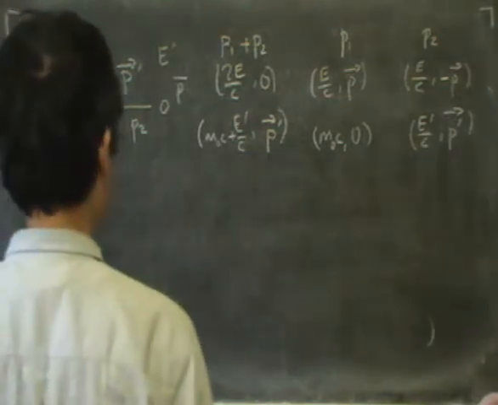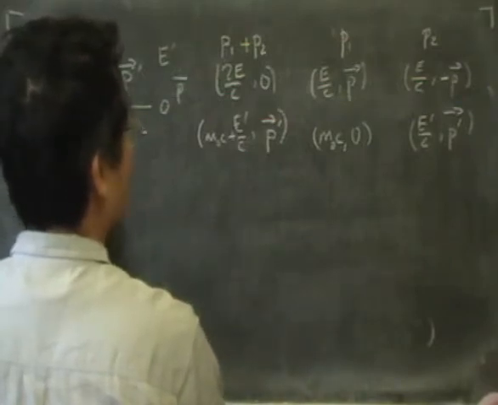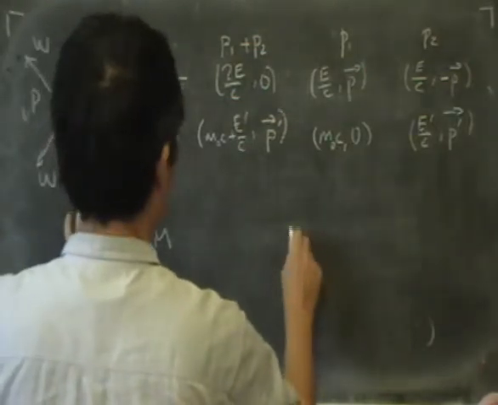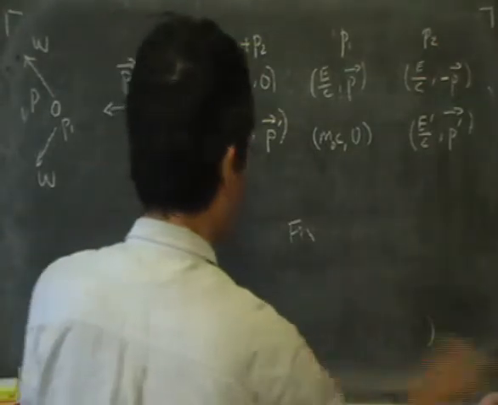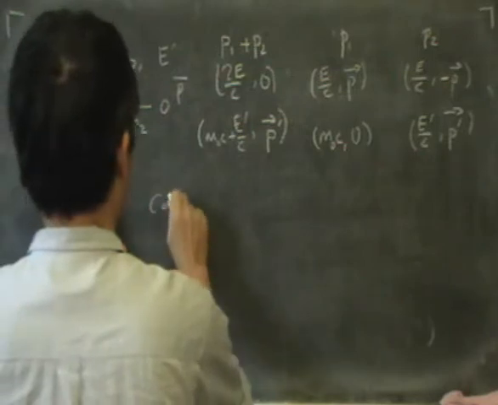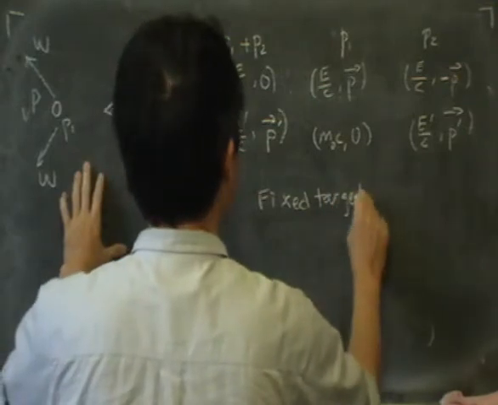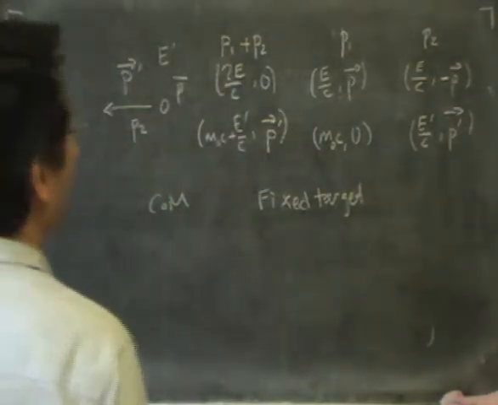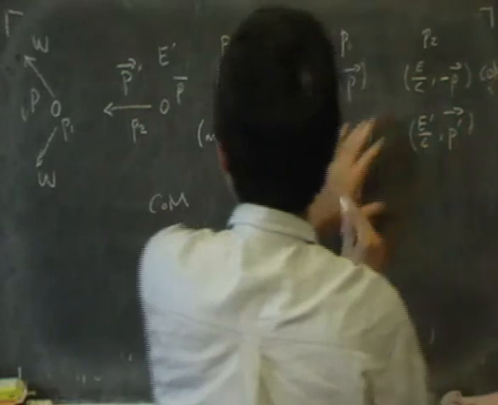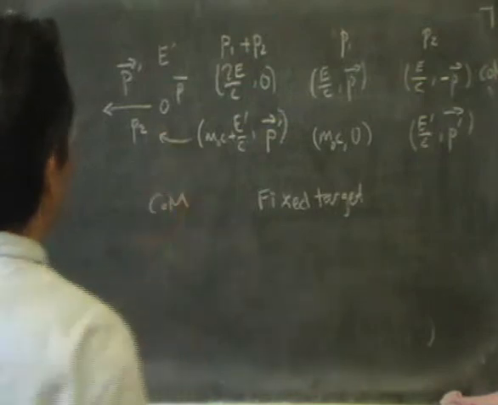We have two inner products to take, one in the center of mass frame and one in the fixed target frame. If you remember, the first one was the center of mass frame and the second one is the fixed target frame, which refers to that picture there.